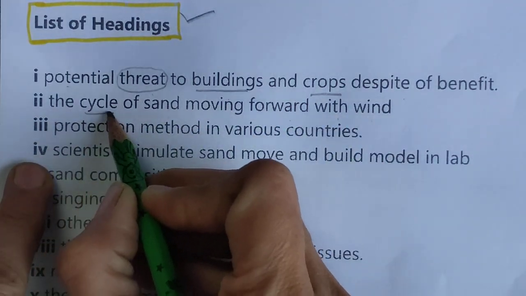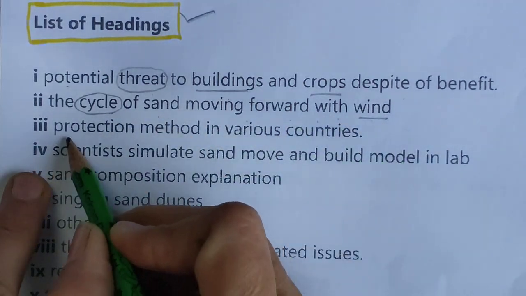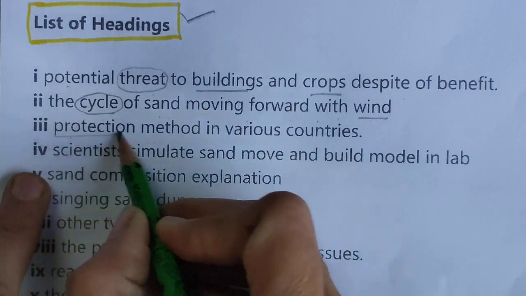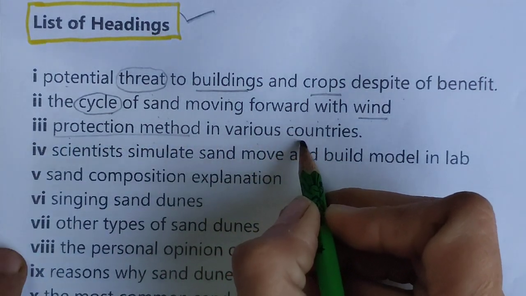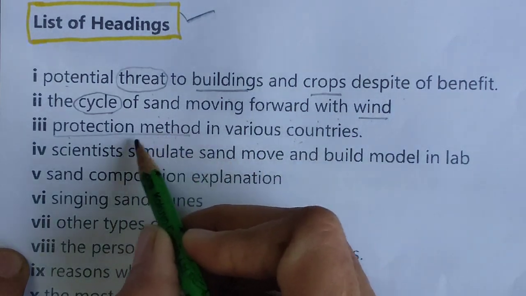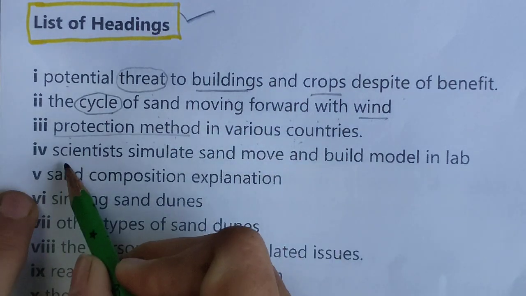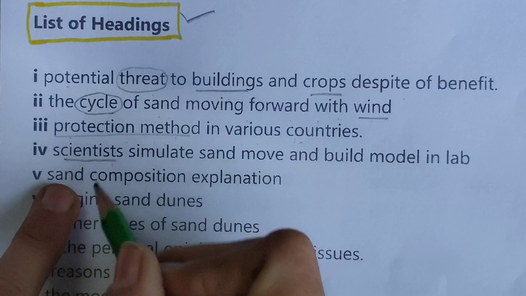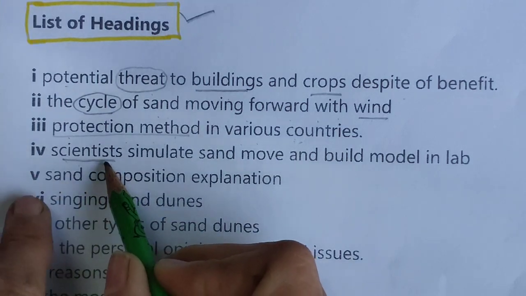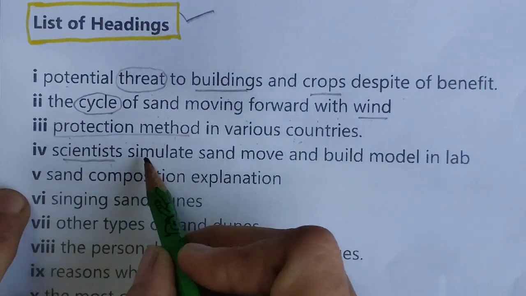The cycle of sand moving forward with wind. Third, protection methods in various countries. So in various countries, maybe some country names, how they are protecting, using protection methods. Fourth, scientists, researchers: maybe they may be using any word, any person, he may be a researcher, or two or three scientists may be there.